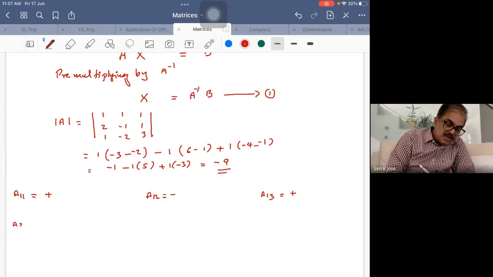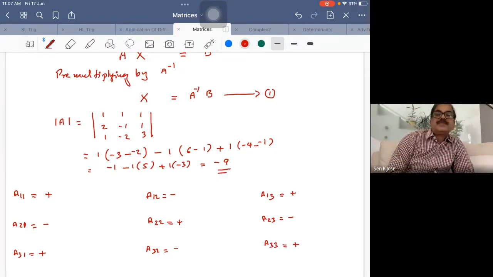Then A21 will be minus. A22 will be plus because alternate plus minus. Then A23 will be minus. A31 will be plus. A32 will be minus. A33 will be plus.